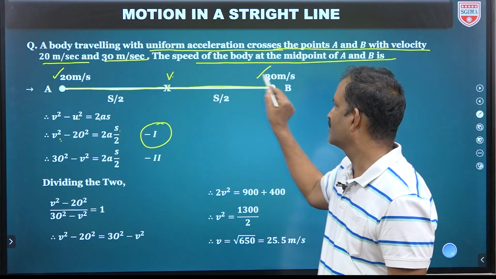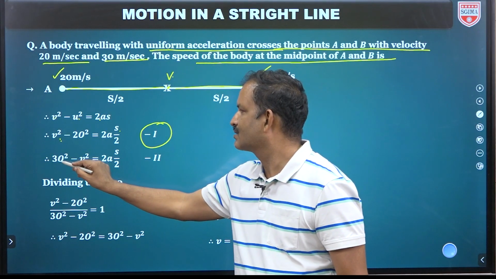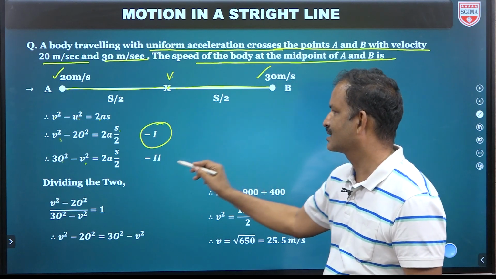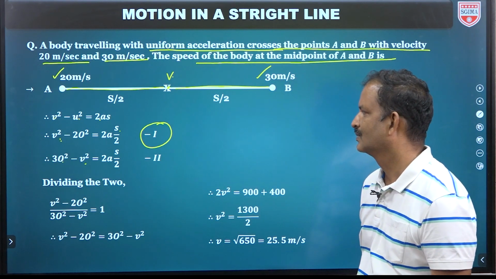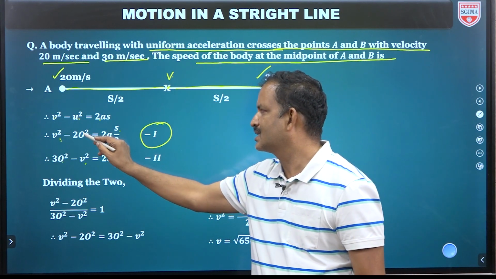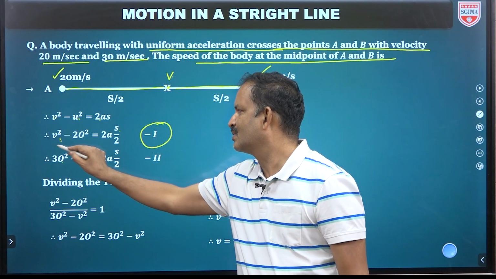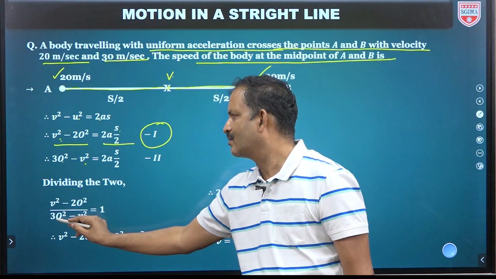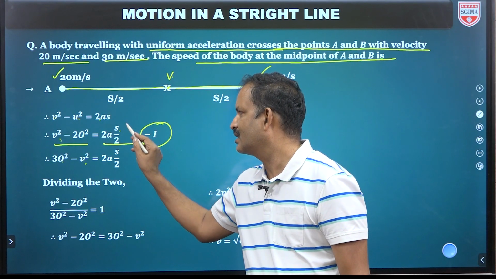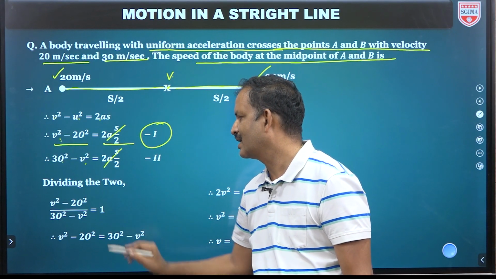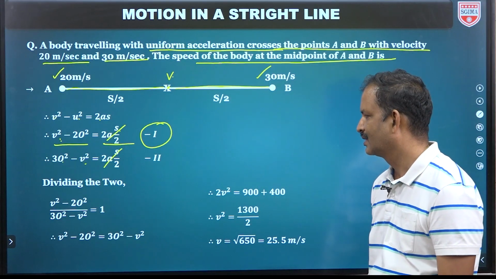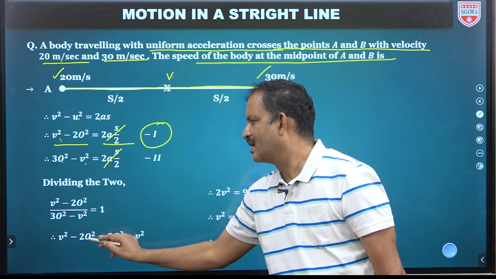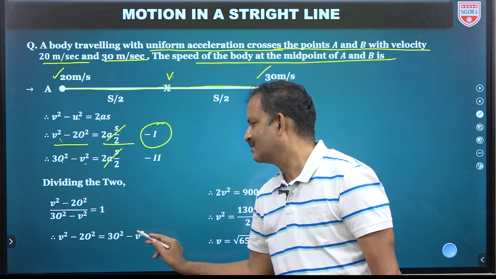Now, from this one to this one, 30 square minus V square is equal to 2A into S by 2. Then, dividing this by this, you get V square minus 20 square by 30 square minus V square, and this one will cancel, you will get 1. Then V square minus 20 square is equal to 30 square minus V square.